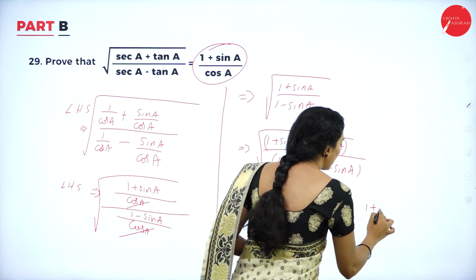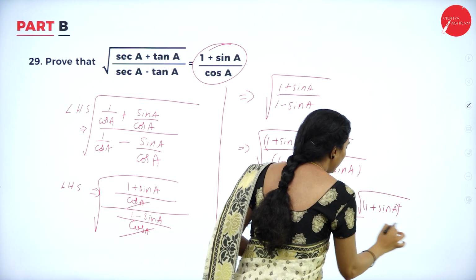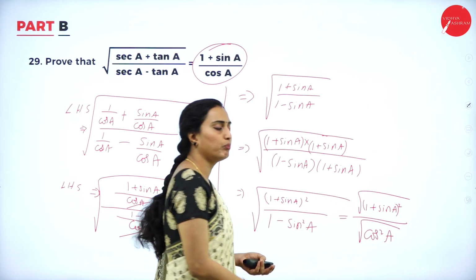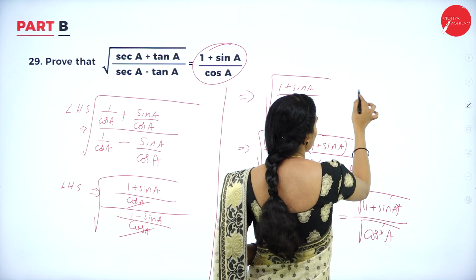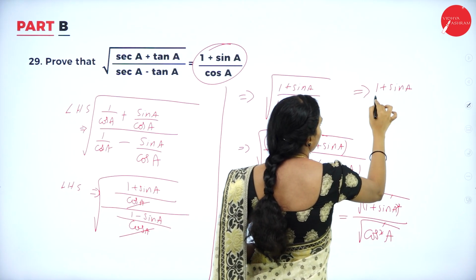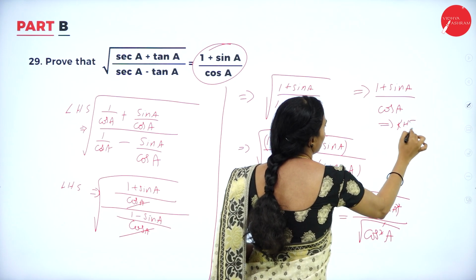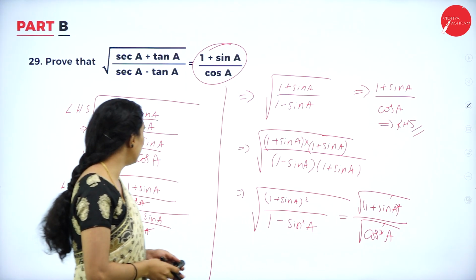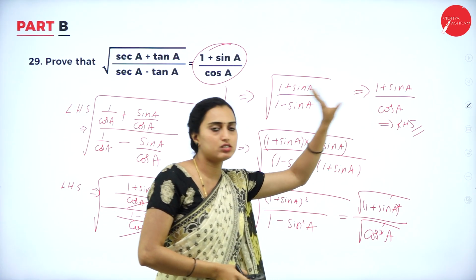So under the root of 1 plus sin a whole squared divided by under the root cos squared a. Writing this step is also very important. Now root will get cancelled. Remaining answer will be 1 plus sin a divided by cos a, which is your RHS. That's it, dears. This is the proof. Remember this step and this and this and this, 2 marks.